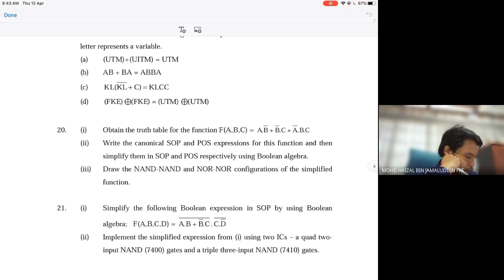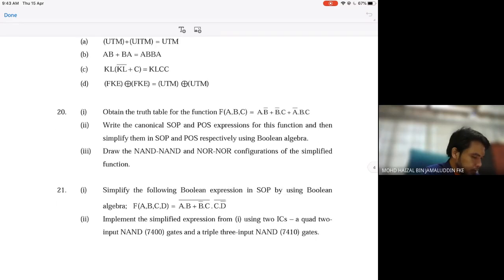I think the word in question number 2 is the standard form. Normally it is written as standard or canonical SOP and POS. In order to draw the truth table, actually you should already write the standard form. But never mind. Question 22: you write the standard form, then you simplify it.